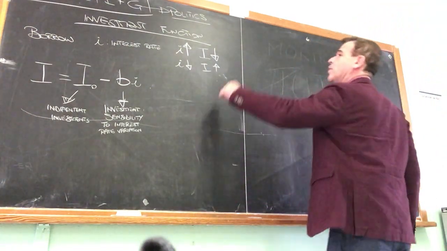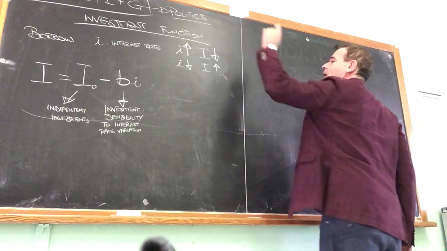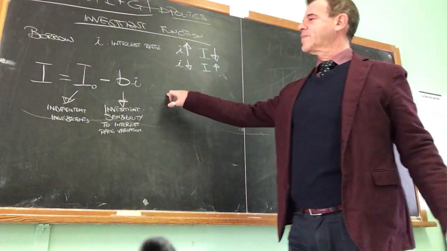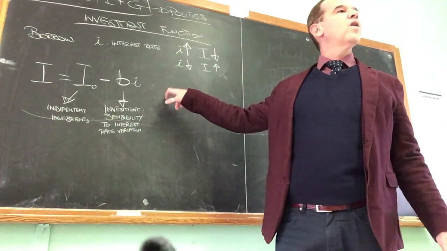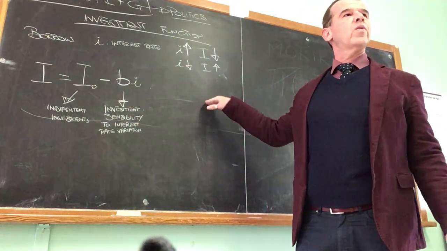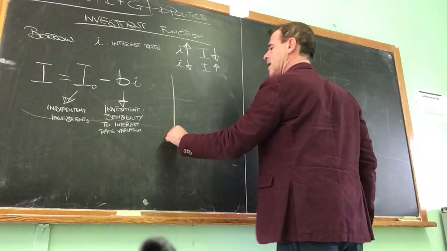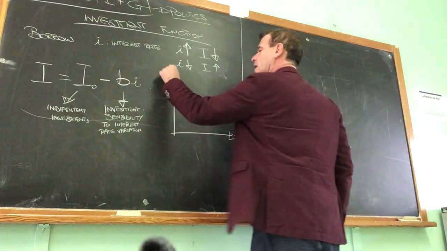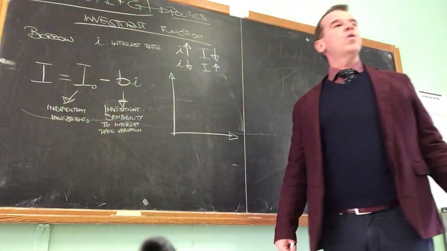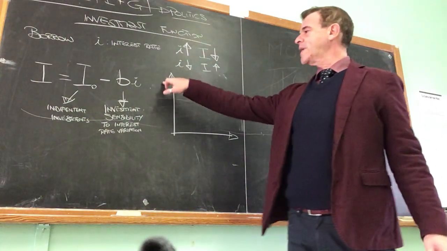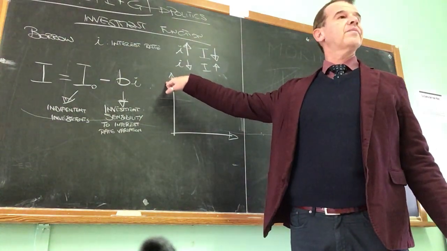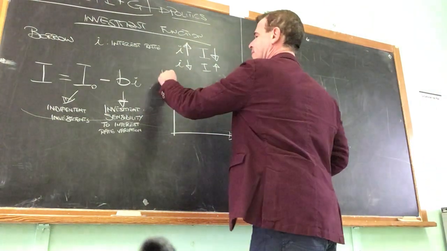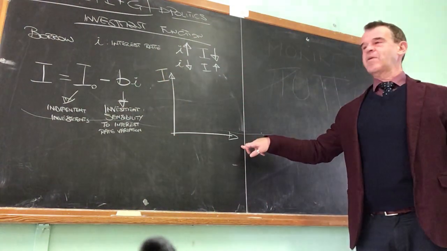Because now we know. Last thing. We will not draw it on a Cartesian plan, but if we would, what would be the name of this axis? E. And what will be the name of this axis?